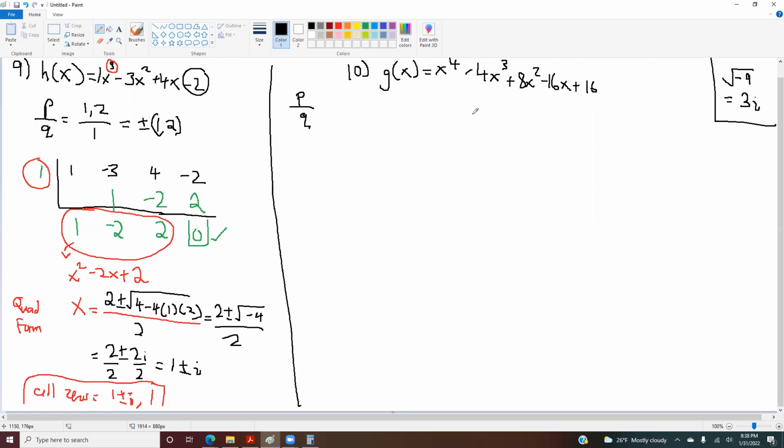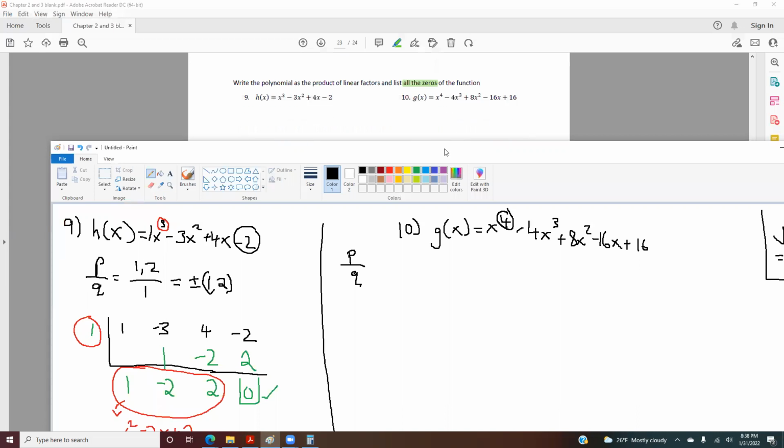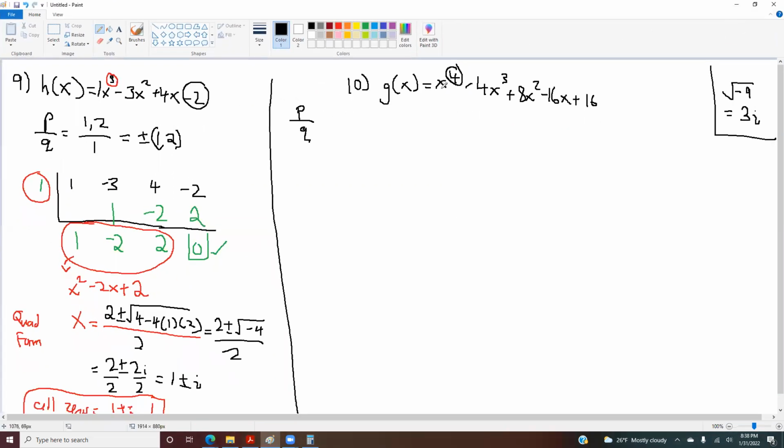All right, repeat. Now this is even more difficult than number 9 because it is a power 4. So when you have a power 4, you should have 4 zeros here, not 3 but 4. So when you have a power 4, you have to perform synthetic division twice, because when you do it one time, it becomes power 3.